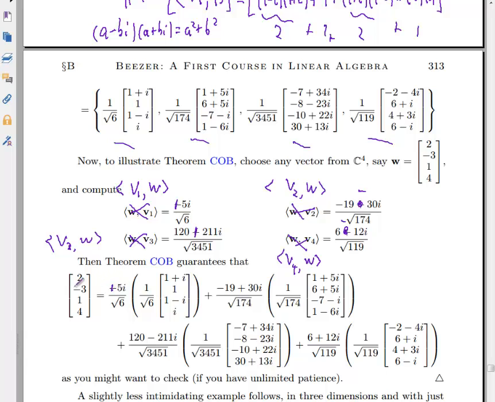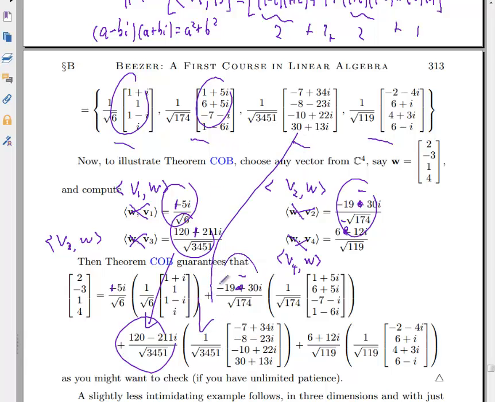Okay, so the linear combination of this arbitrary vector is equal to the first inner product times the first vector, plus the second inner product times the second vector, which is here, plus the third inner product times the third vector, which is here, plus the fourth inner product, whoops, I'm sorry, got the wrong place, plus the fourth inner product, which is here, and that should be a minus, times the fourth vector, which is here. Okay. So it's kind of messy here, but just please make the connections here.